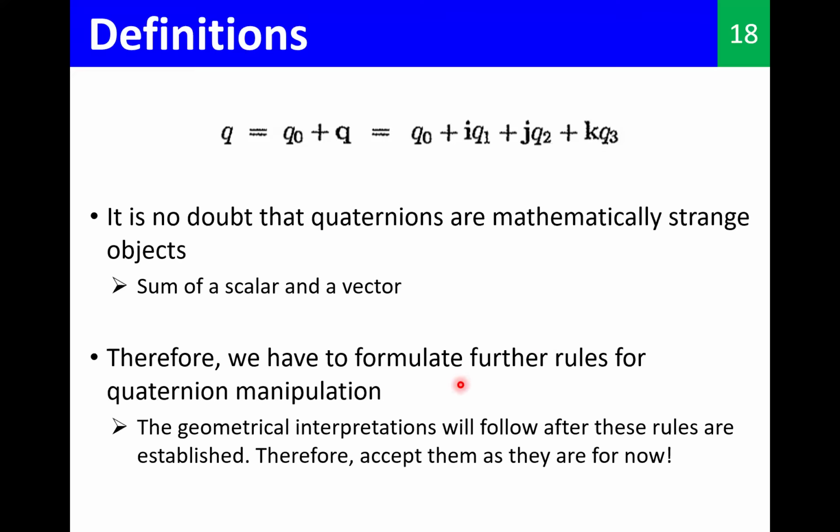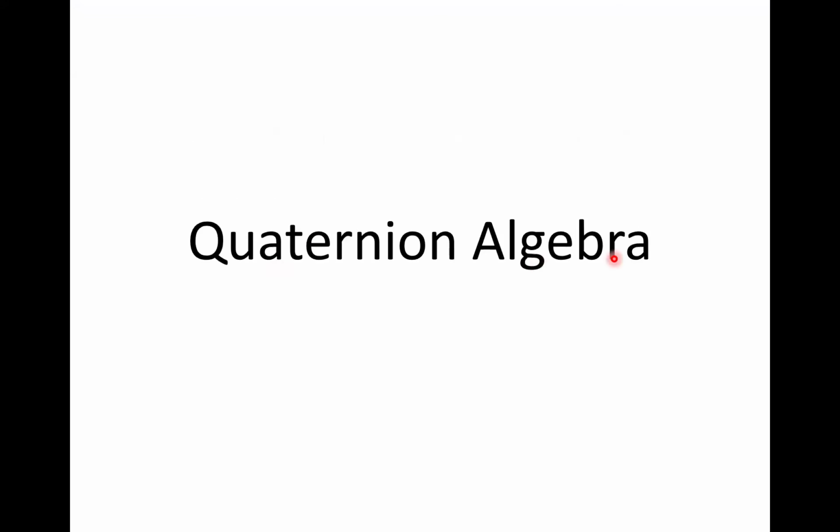So similar to integers, real numbers, and fractions, let's establish some rules for how to deal with them. That's what we call the quaternion algebra. It's just a set of rules that we will use to deal with the quaternions, right?